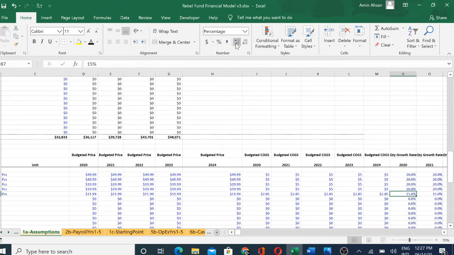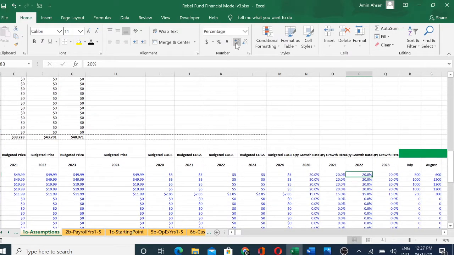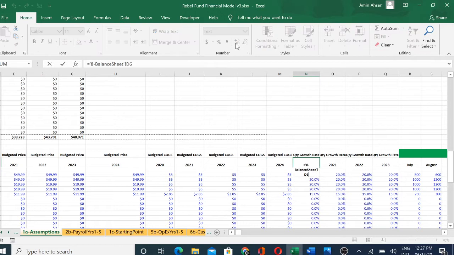These are the quantity growth rates. You have told me that for every year after 2020 the growth rate is 20%, so I have taken the growth rate at 20%.